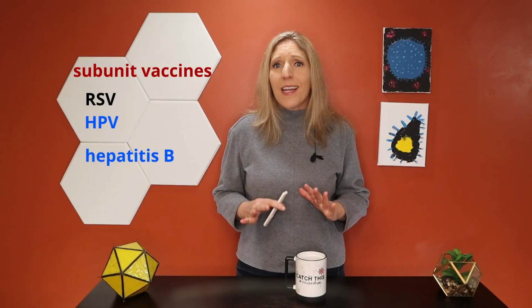The hepatitis B and HPV vaccines are notable for not only preventing disease, but also for preventing specific types of cancer associated with those diseases. The hepatitis B vaccine, covered previously in Catch This episode 74, linked above, prevents liver cancer, and the HPV vaccine has led to a remarkable reduction in cervical cancer with a potential to eradicate it altogether.